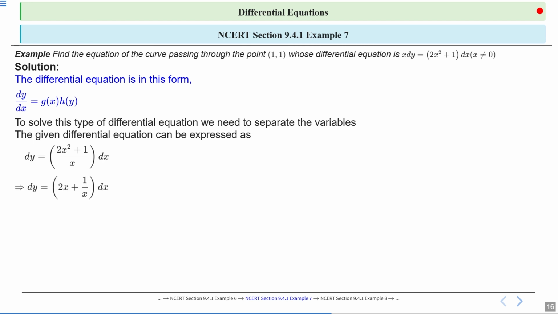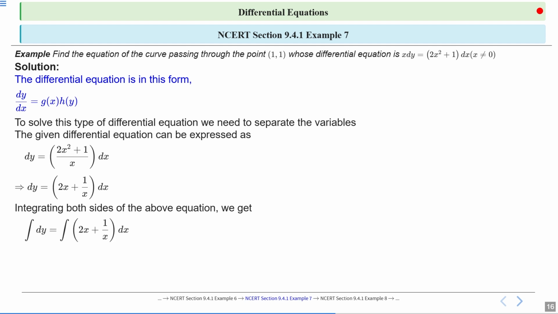So we get dy is equal to 2x square plus 1 by x dx. We just separate the numerator part, so we get dy is equal to 2x plus 1 by x dx. Now, to get the solution, we integrate both sides of our equation. We get integration of dy is equal to integration of 2x plus 1 by x dx.